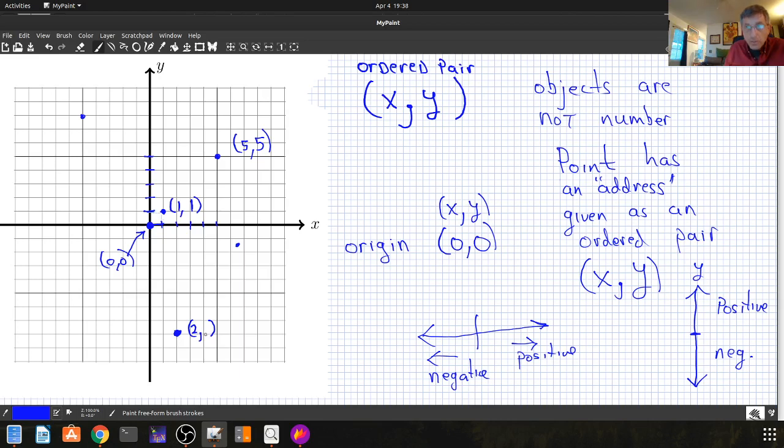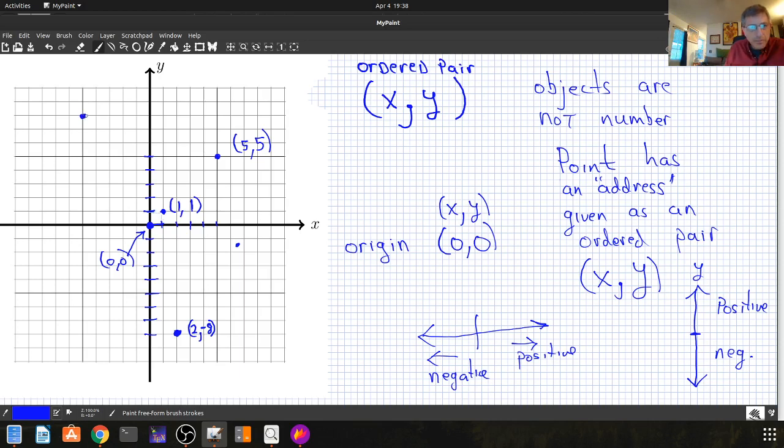I need to find the y value. I need both. So this is -1, -2, -3, -4, -5, -6, -7, -8. So that corresponds to the coordinate 2, -8.